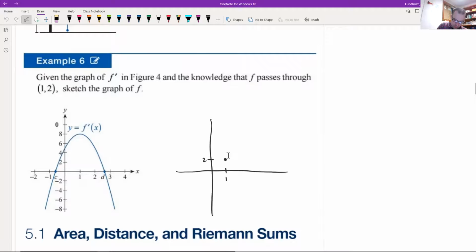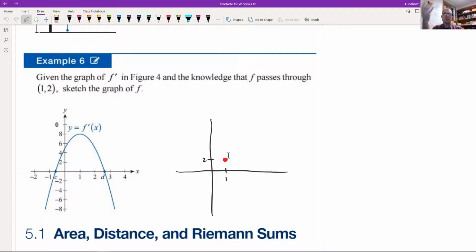Let's make this red. Okay, so that's an anchor point. And let's think about, is there a specific antiderivative way that we would want to think about this? Or am I just going to look at the y values over there and think about slopes over here?